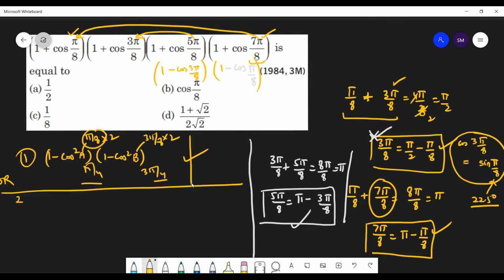You can use the formula here, cos 2a is equal to 2 cos square theta minus 1. Do you know this formula, students? Cos 2a, 2 cos square theta minus 1. Yes or no? Yes, sir.